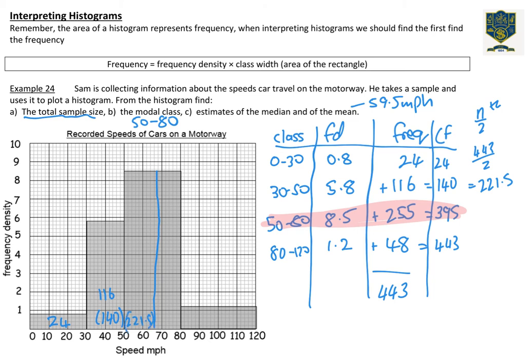So that means we need a frequency of 81.5. So if we add 81.5 to 140, we're going to get 221.5, which is the median term. So that means the area of this bar is 81.5.